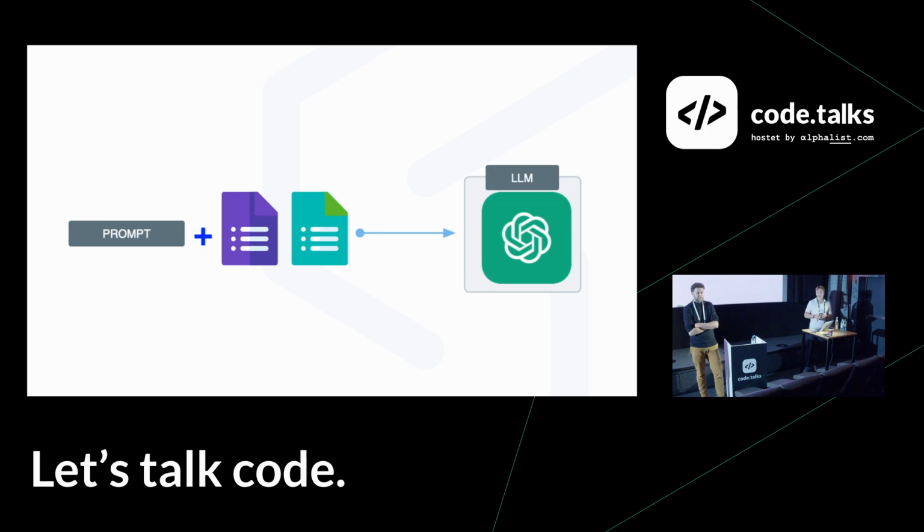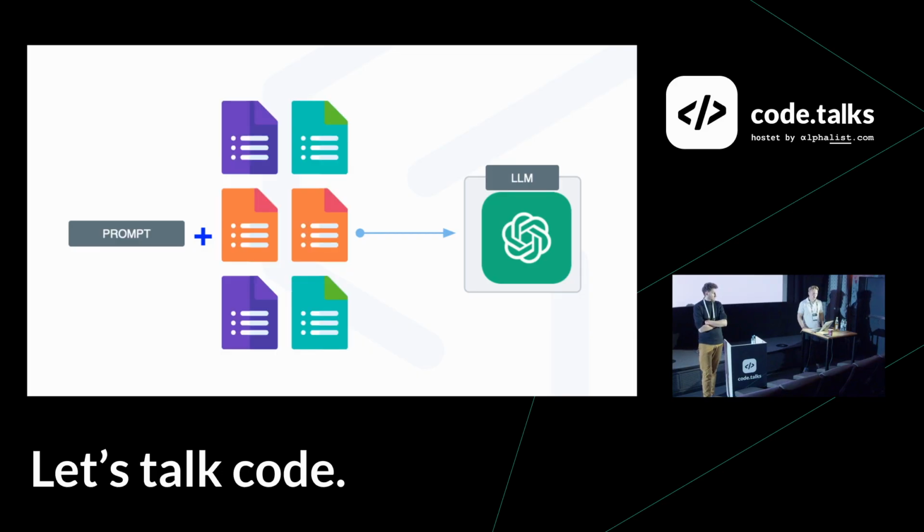But in practice it doesn't work, and it also incurs very high costs. So what we want to do is have a very precise system that, given user query, fetches only the relevant context from the data sources you provide to the model and passes only this.